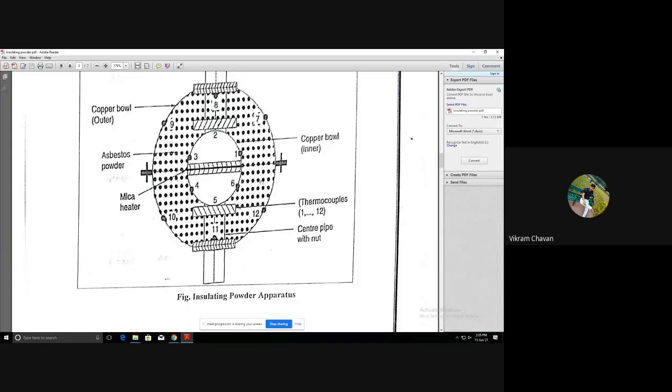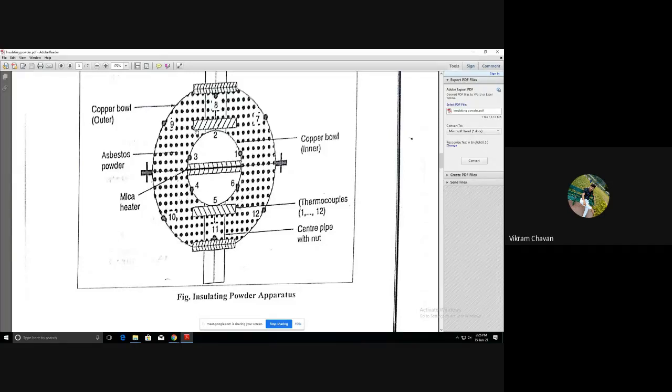So providing more thermocouples over the surfaces decreases the errors occurring in a calculation or reading, and which will increase the accuracy of performance.